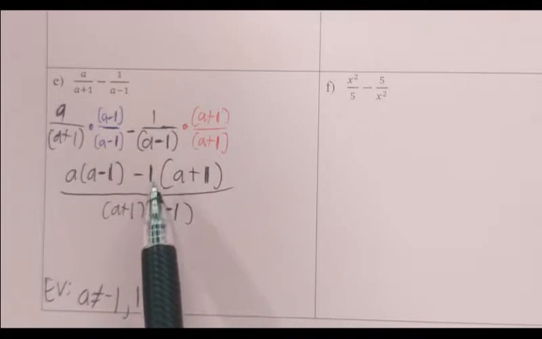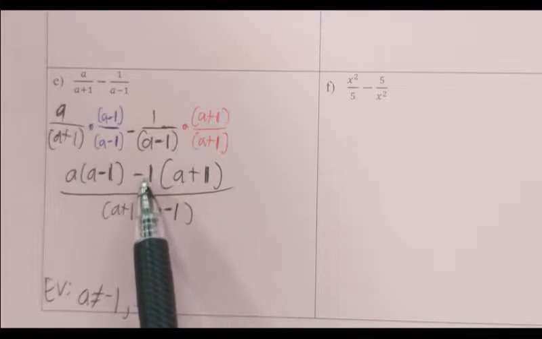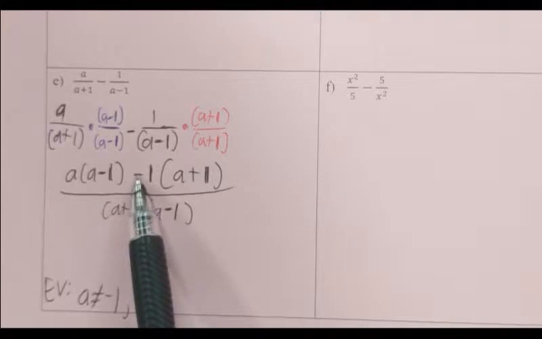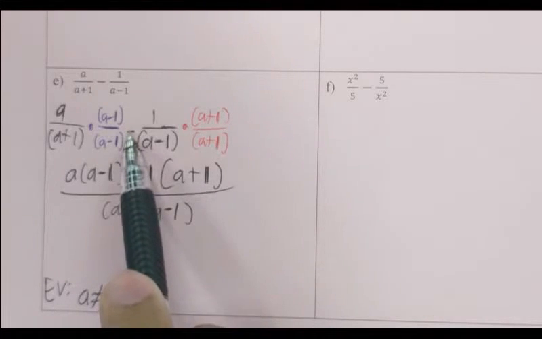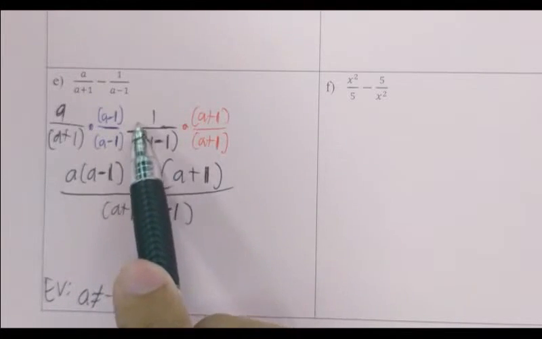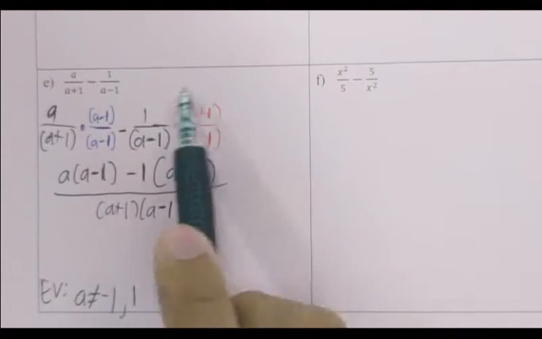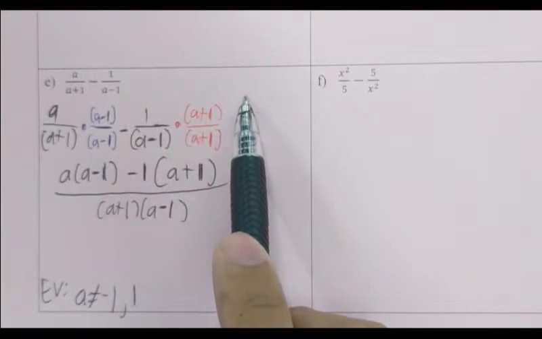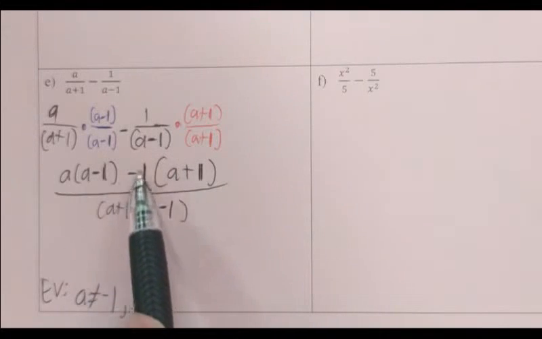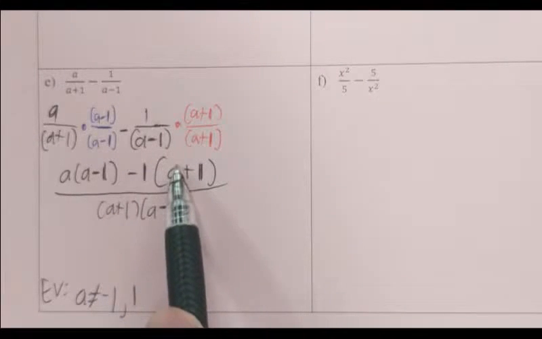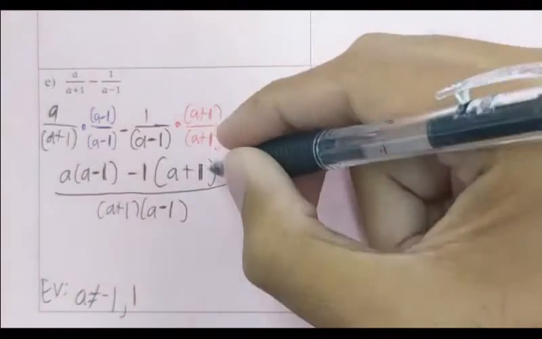Okay, the very common mistake that happens with subtraction problems is not distributing this minus sign. Because you're not just subtracting the first thing you see, you're subtracting the whole second term, no matter how long the numerator goes. In this case, you're subtracting not only 1 times a, but also 1 times 1.